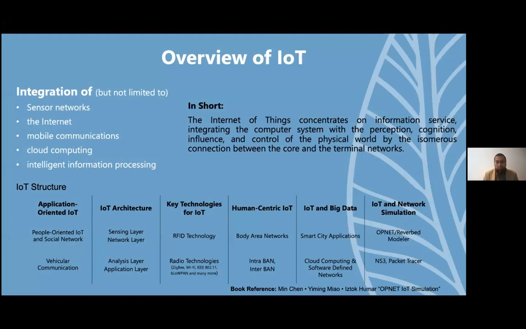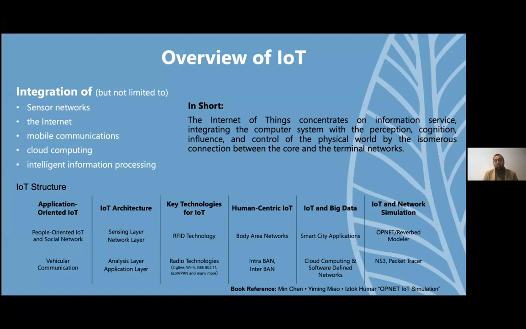So IoT means the Internet of Things. This is really a cutting-edge research domain, thanks to the advancement of wireless communications and a lot of technologies. Now people want to connect everything, so that's why the concept of IoT is getting popularity. IoT basically integrates sensor networks, internet, mobile communications, cloud computing, intelligent information processing, and so on.